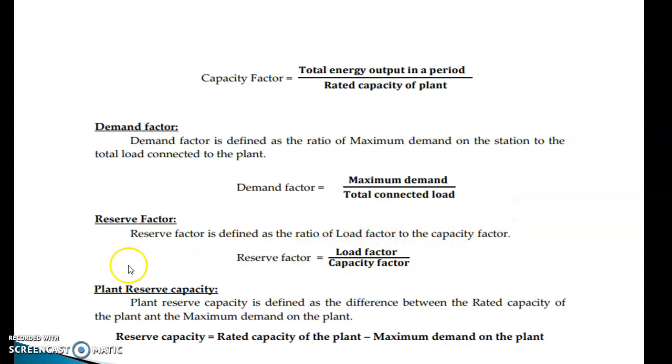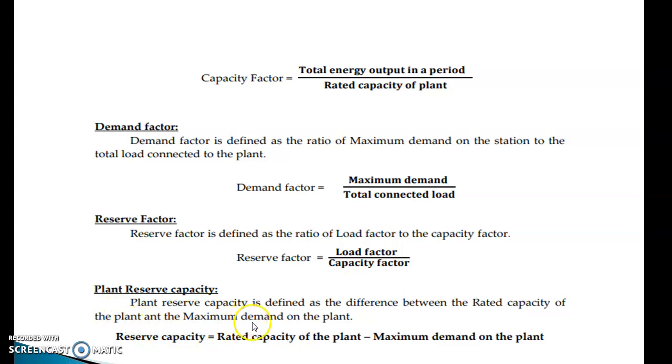The reserve factor is defined as the ratio of load factor to the capacity factor. The reserve factor is equal to load factor divided by capacity factor.